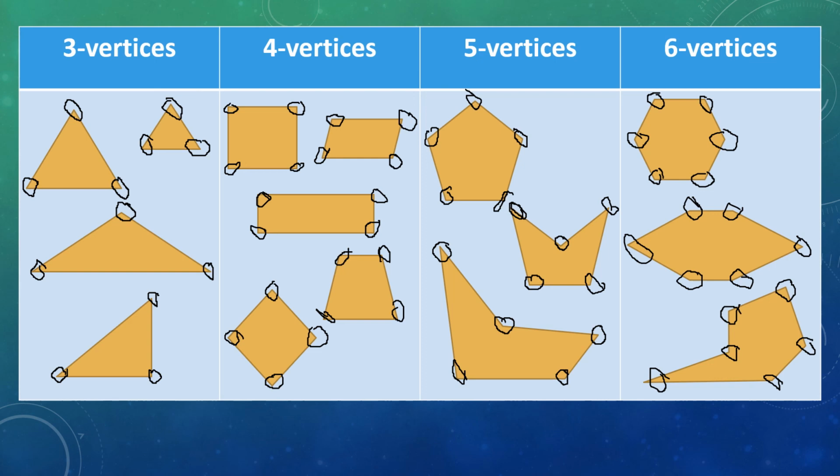So use that language today as you do your work. And remember, sides are the lines that create the shape. Angles is the space that the lines create when they are joined together. And the vertices are the very point in which those lines meet.